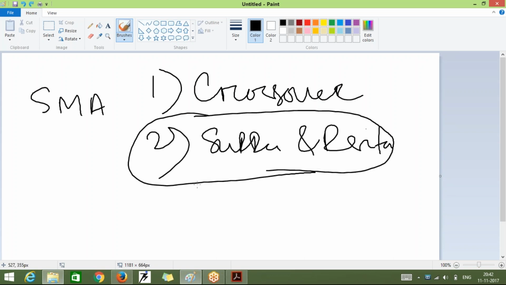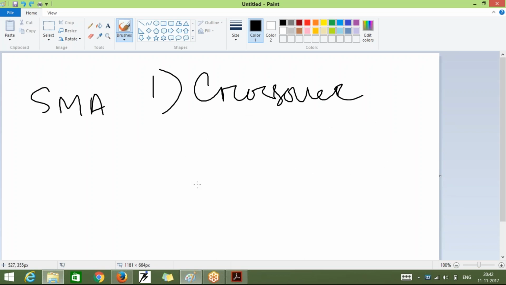Now coming to crossover, how a crossover is being traded. Suppose we have taken two period SMAs, one is 25 and the other one is 50. The lower period SMA coincides and goes downwards from the higher SMA. It may be downward or upward.